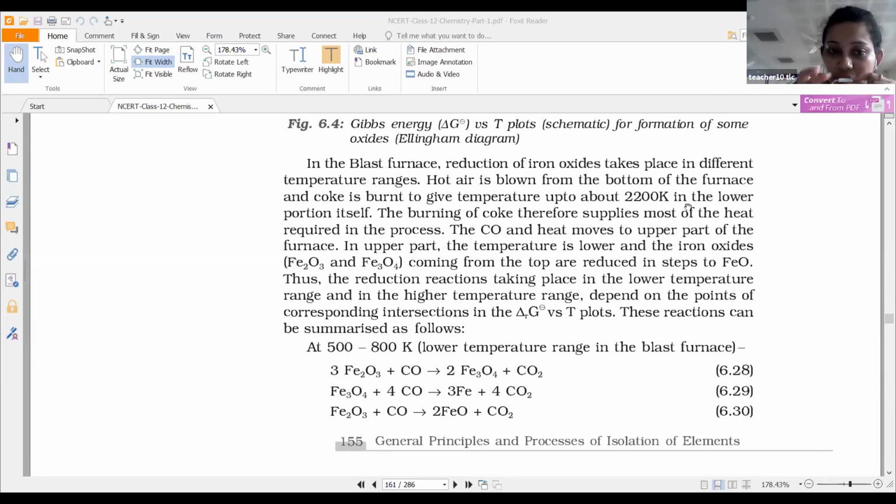So here for the extraction of iron you will get two types of reducing agent, carbon monoxide as well as carbon. Out of these two, if you check the delta G naught value, it is more negative for carbon. Is this clear? So therefore the reaction rate is more, yield is more.